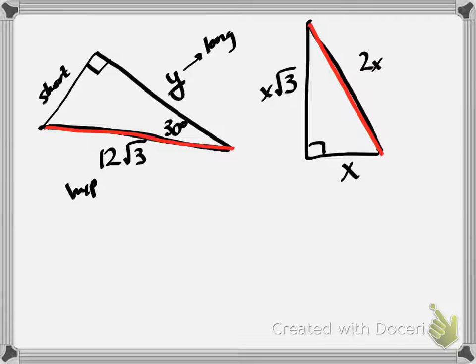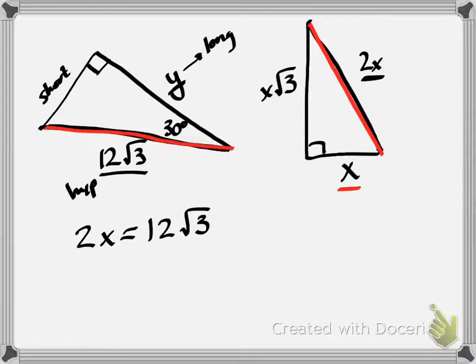All right, so we're going to set up that equation. What we're trying to do is find x. We want to know what is this value right here. What is that value right there, okay? So we're going to set up that equation. So 2x, the side over here, 2x corresponds to 12 square root 3. So we're going to set that one up, because they're both the hypotenuse of their respective triangles.